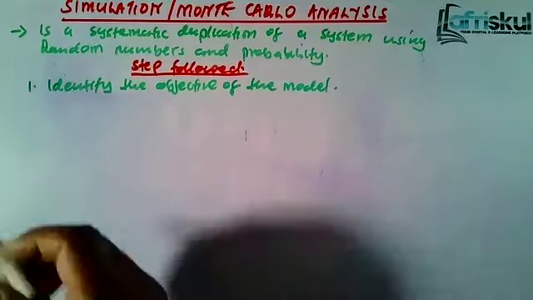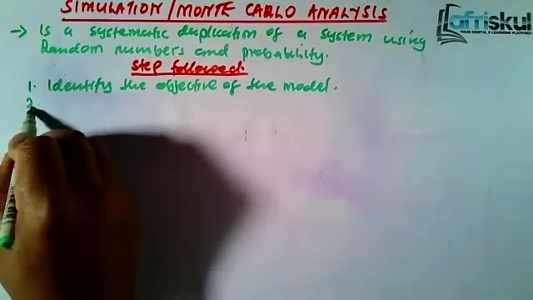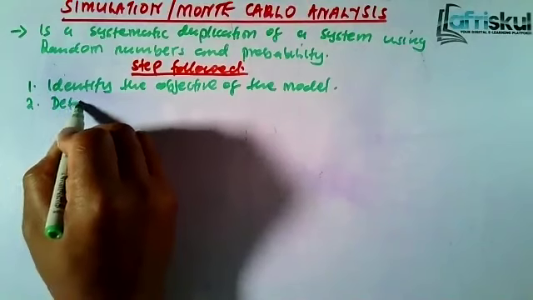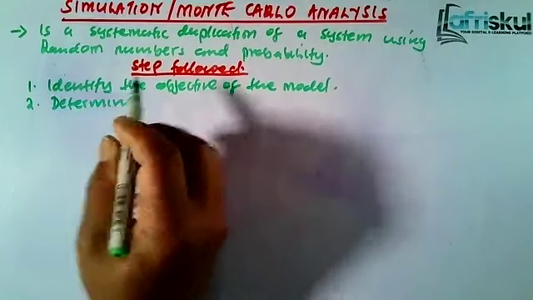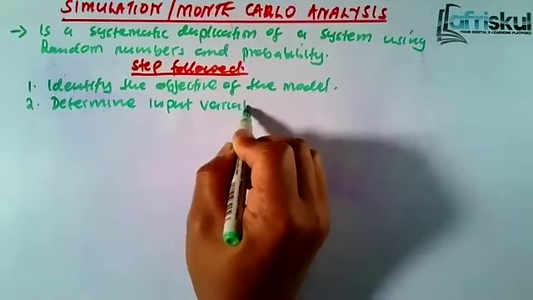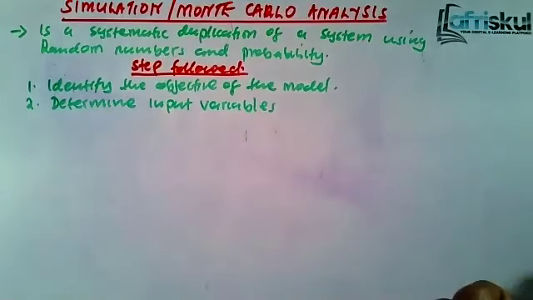After you identify the objective of the model, then number 2, you determine input variables. And you have said that the input variable is what you require so that you can attain your objectives.